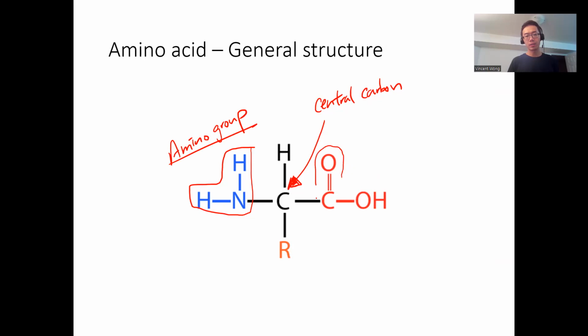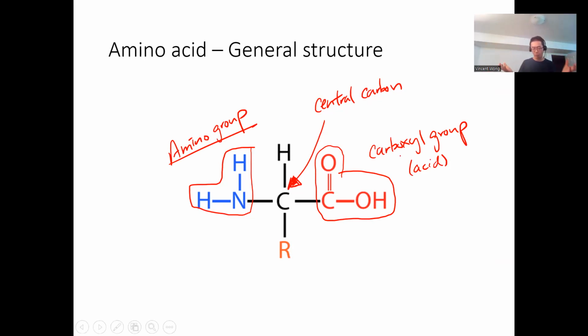And over here, this is called the carboxyl group, okay, which is an acid. That's why it is called an amino acid, because it has both. So all the amino acids, all 20 of them, will have these core structures. Okay, the central carbon, the amino group, the carboxyl group, the hydrogen.